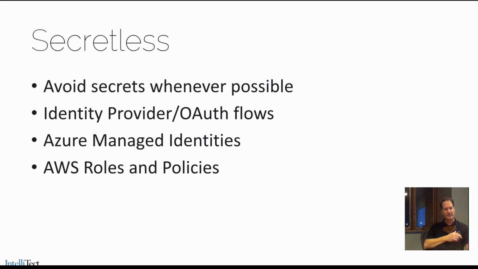But the nice thing there is I don't have to worry about another identity. I can attach a role or attach a policy and say any service that has this role and meets these other criteria will be allowed to have access. So it's a little bit more complicated to configure and maintain, but it's pretty powerful.